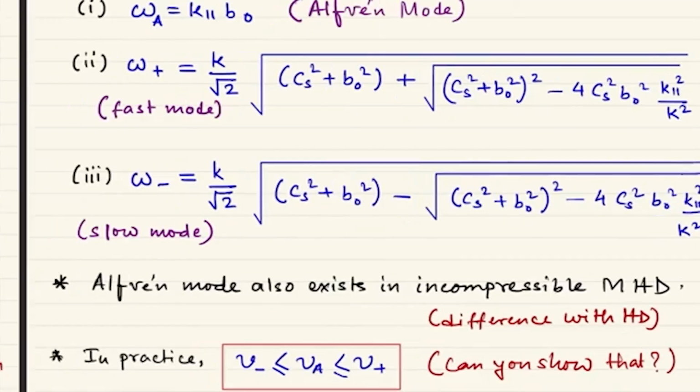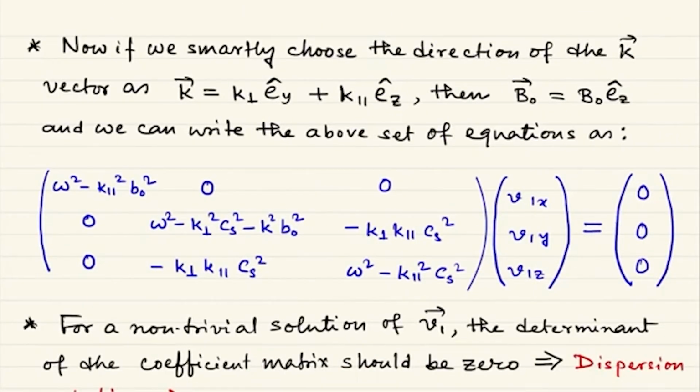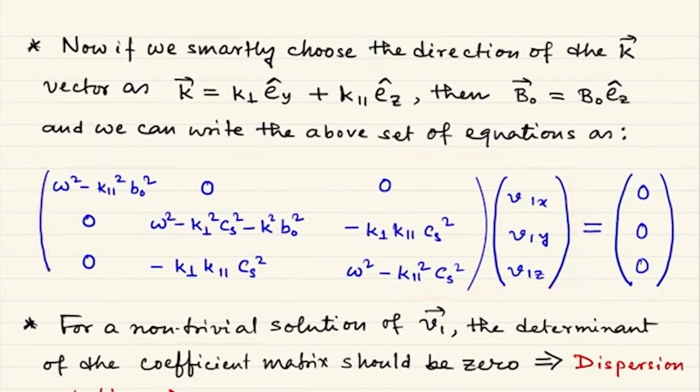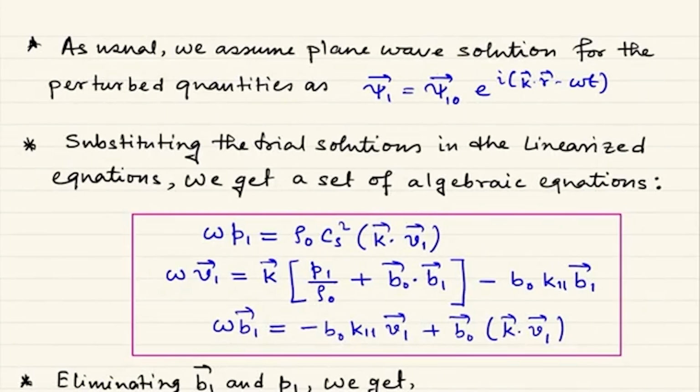So my suggestion is that you start from here and try to understand which things should be changed if you have incompressible MHD. One thing is very simple to see, that this one is 0, so this one is also 0.